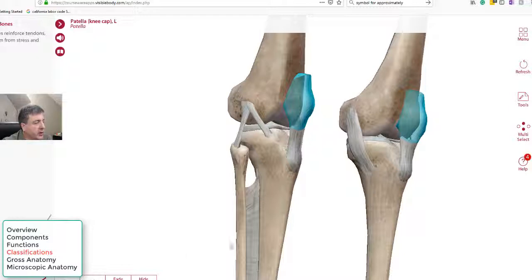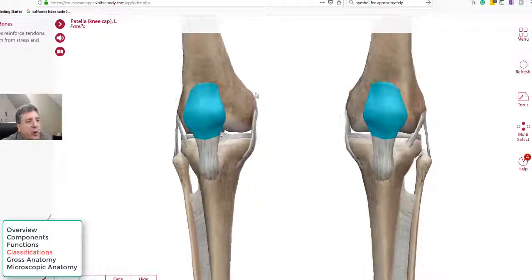Okay, can't really do that one. But this is going to be the sesamoid bone, and you're going to have muscles up here that go through the patella down here. You're also going to find some sesamoid bones in the hands and your feet, and they're found within tendons on this one. So those are your basic classifications of bones.